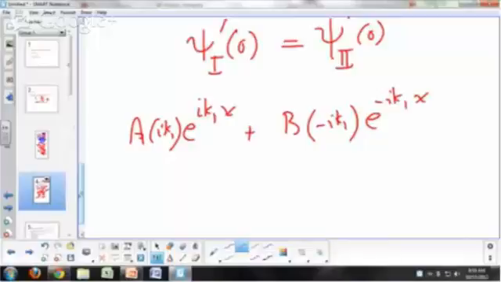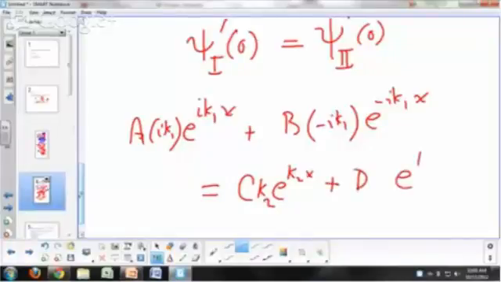So that's the first derivative of psi at x equals 0. That must be equal to its first derivative of psi 2, which is c e to the k2 x, so multiply this by k2, plus d e to the negative k2 x, so you multiply this by negative k2.